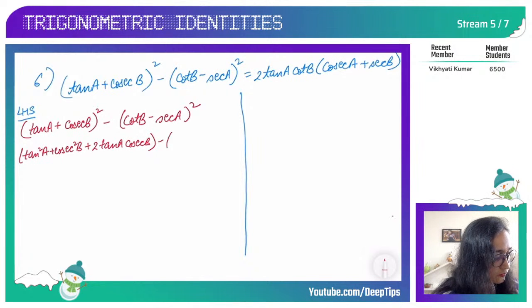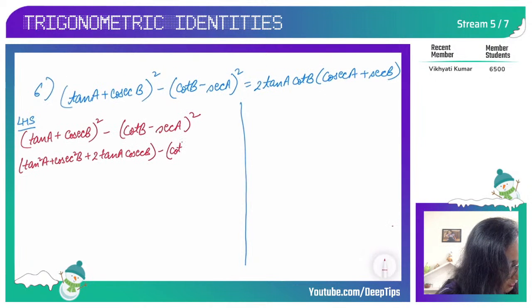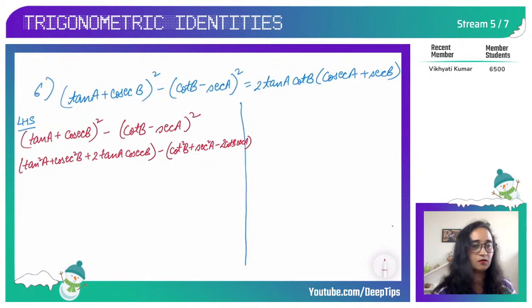Now let's write the formula for (A minus B) whole square: cot square B plus secant square A minus 2 cot B secant A. This is pretty big, I'm just moving out of my place, but it doesn't matter.